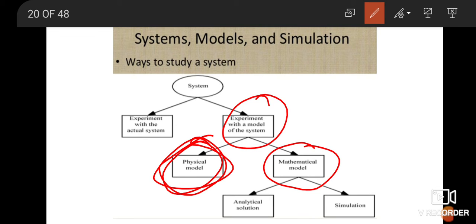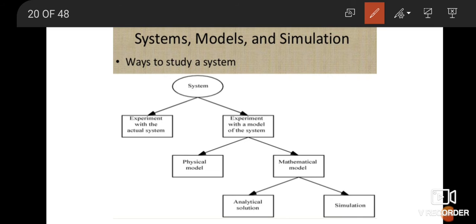Now in a mathematical model, there are certain parameters in every system, whatever system you consider. For example, you consider a system where you are producing electricity from a waterfall. From water you are producing the electricity, and the water is falling from a certain height over a specific turbine.